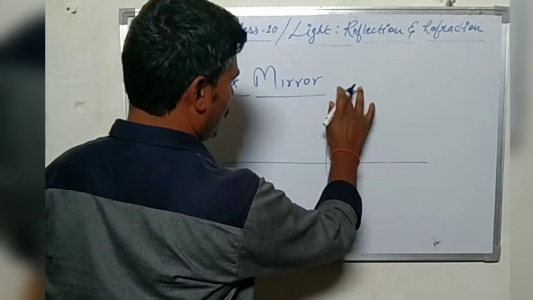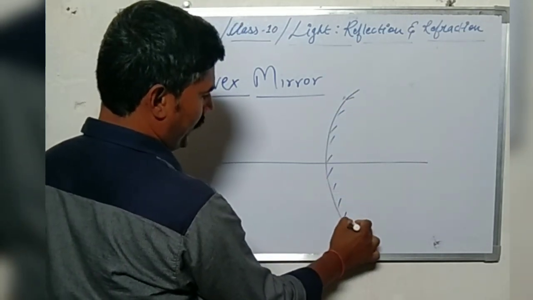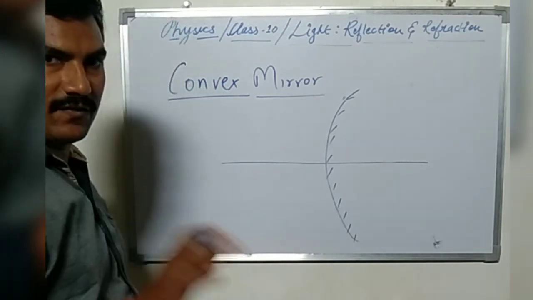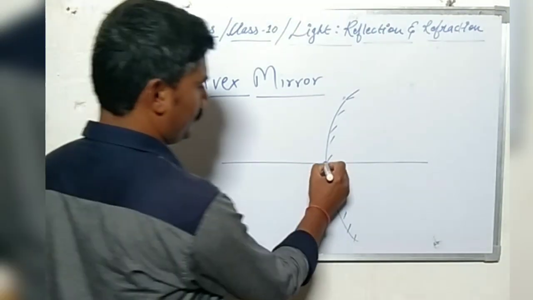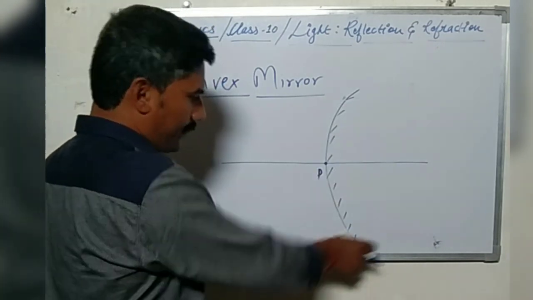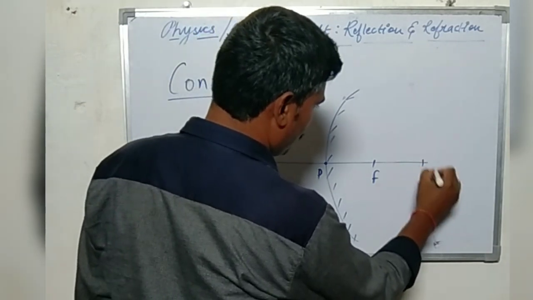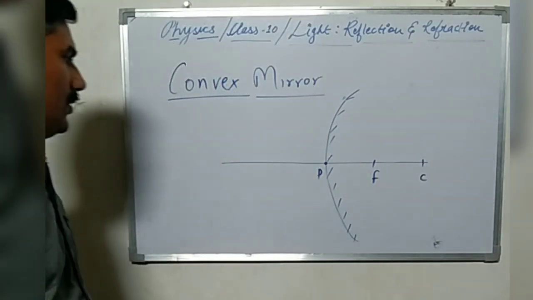The outer bulge of this spherical part or curvature is the reflecting surface, and the inner one is painted. Here will be the principal focus and this is the center of curvature.